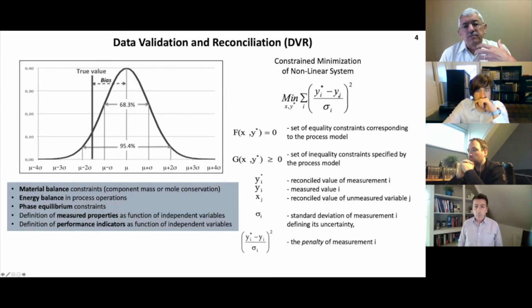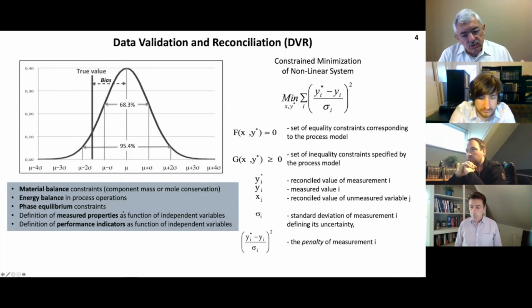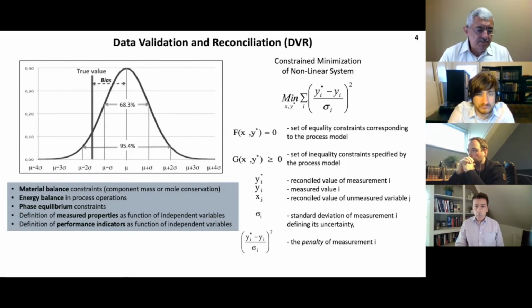And we try to come up with the smallest adjustment to the measurement that still satisfies one or more of these constraints, whether it's the material balance constraint, the energy balance, phase equilibrium, and so forth. So the more constraints you put in the system, in fact, the more you are trying to tighten your response and improve on the uncertainty and improve on the granularity of inspection that you can do as far as your measurement is concerned.